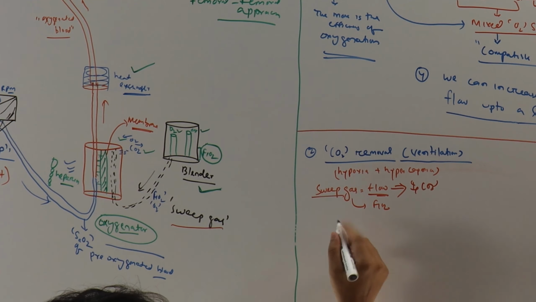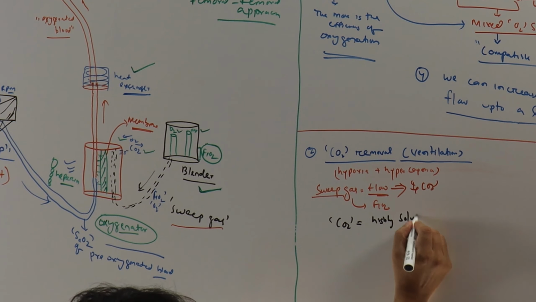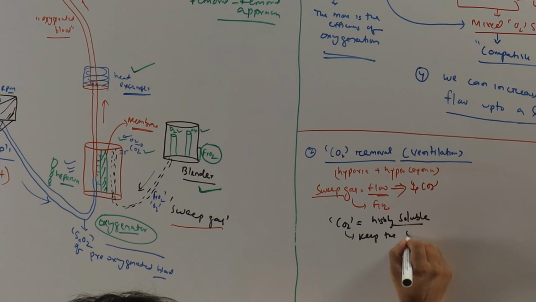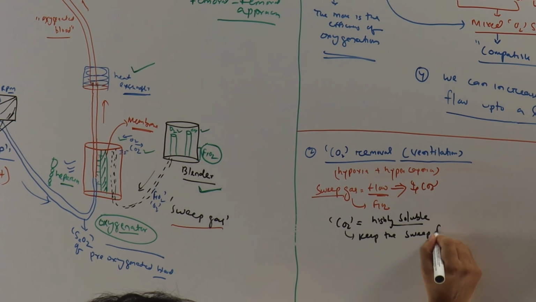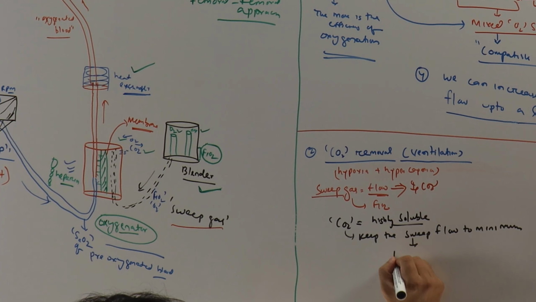So because carbon dioxide is very highly soluble, it will immediately clear the carbon dioxide from the blood, but you have to prevent that, right? So initially, keep the sweep flow to a minimum.